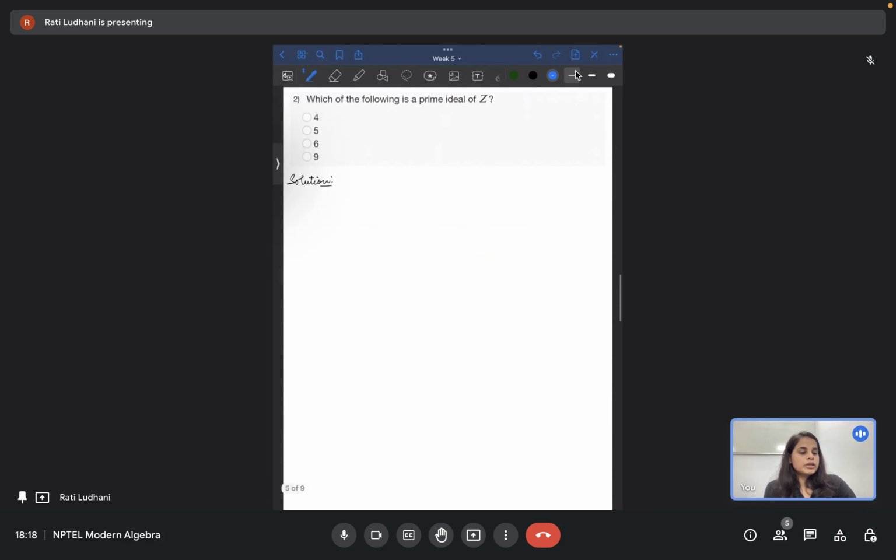Which one of the following is a prime ideal of Z? Okay, let's see. What are prime ideals? If a, b belongs to the ring, then ab belongs to the ideal, if a belongs to the ideal or b belongs to it.